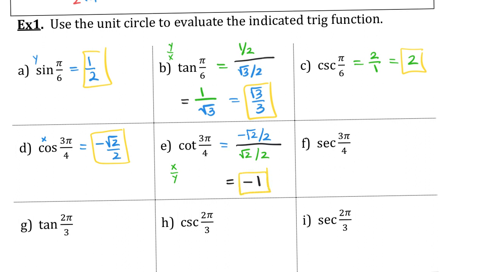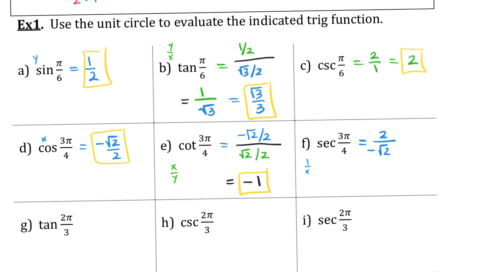Okay, the secant of 3 pi over 4. Secant's the reciprocal of cosine, so I want to flip the x. Do I know the x? The x is negative root 2 over 2. So secant is going to be flipped. And it doesn't matter if you put the negative on the top or the bottom. But I can't leave the radical at the bottom, so let's rationalize this.